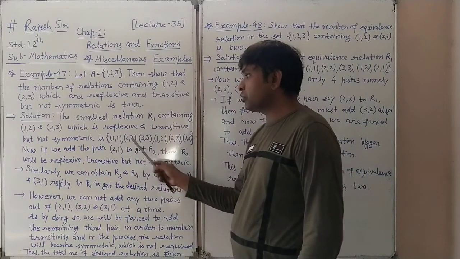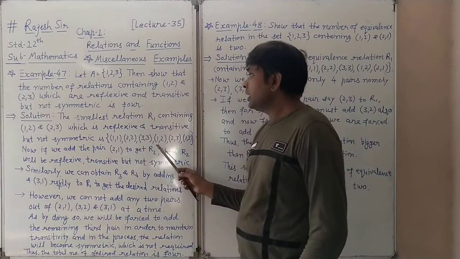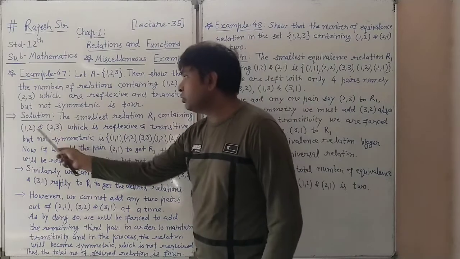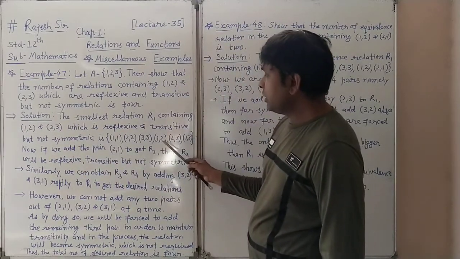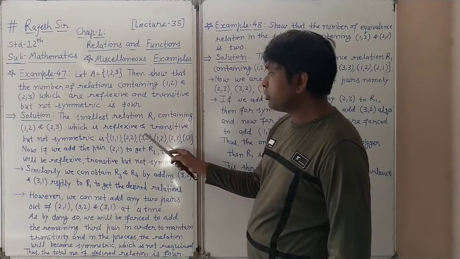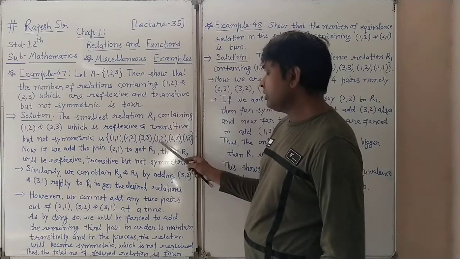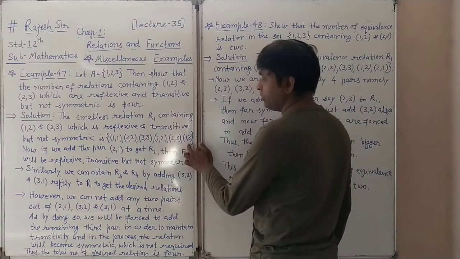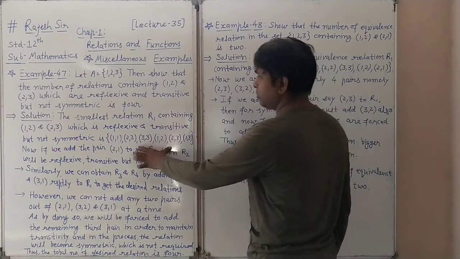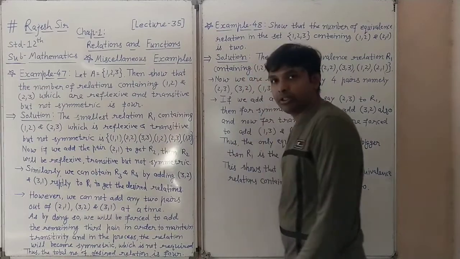This will show reflexive. Then it should contain (1, 2) and (2, 3) also. To show transitive, with (1, 2) and (2, 3) we have to write (1, 3). So (1, 3) is also taken in this smallest relation R1.